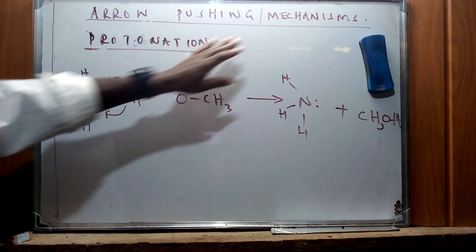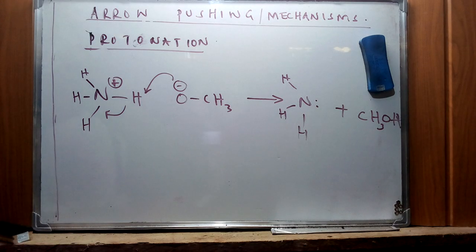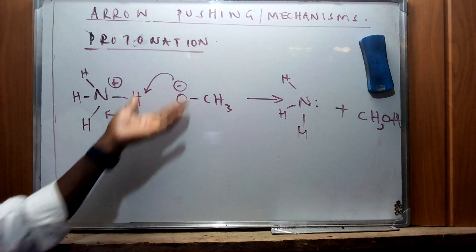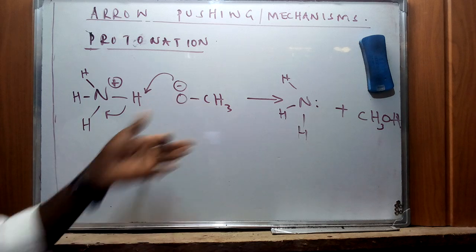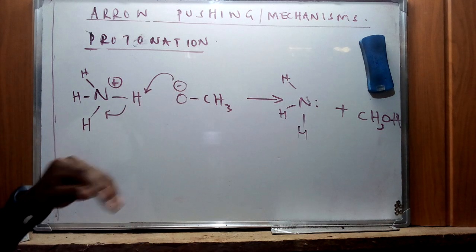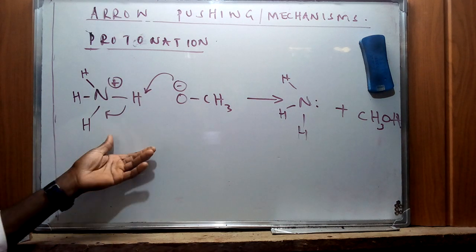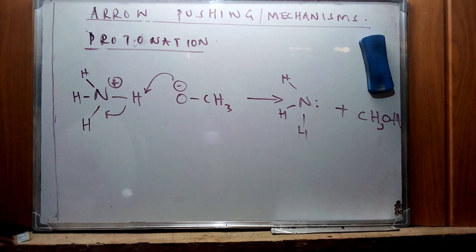This is basically what we refer to as a reaction mechanism. In several of our organic reactions, we're going to see this displayed widely as reaction mechanisms. Whenever I mention the concept of the reaction mechanism, we are going to employ this to show that.